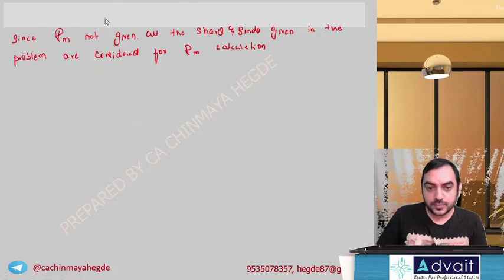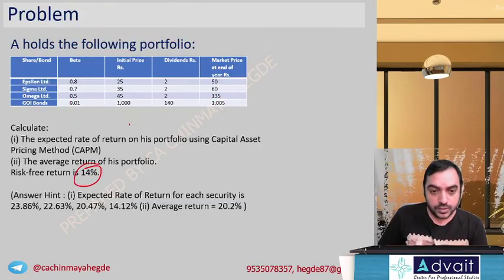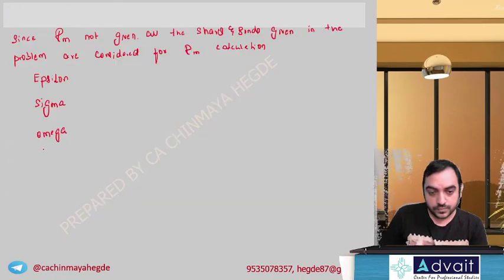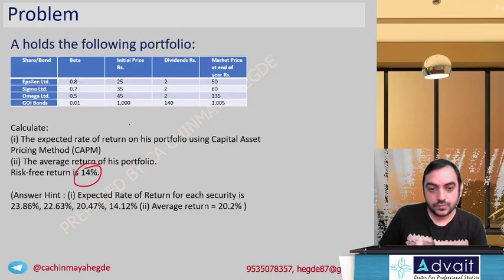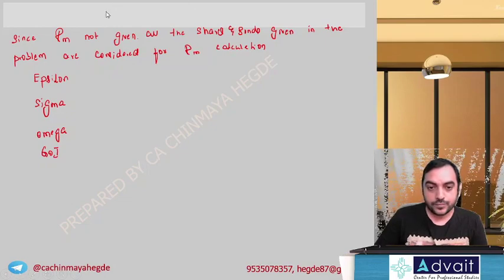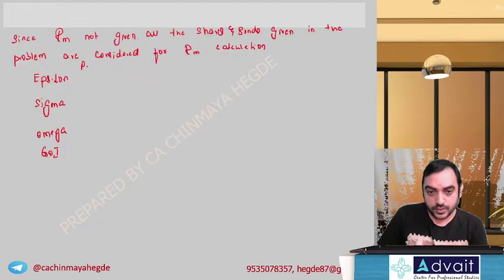So one by one we'll calculate. For Epsilon, Sigma, Omega, GOI, their P0, cost.